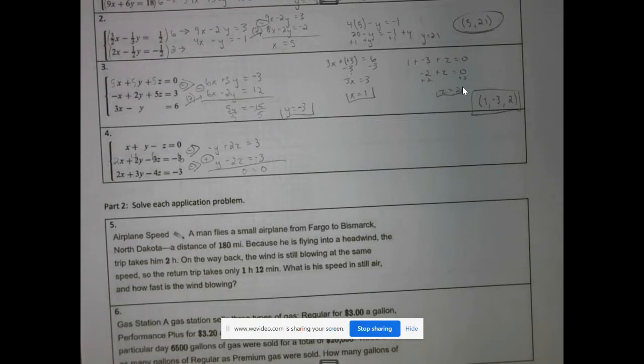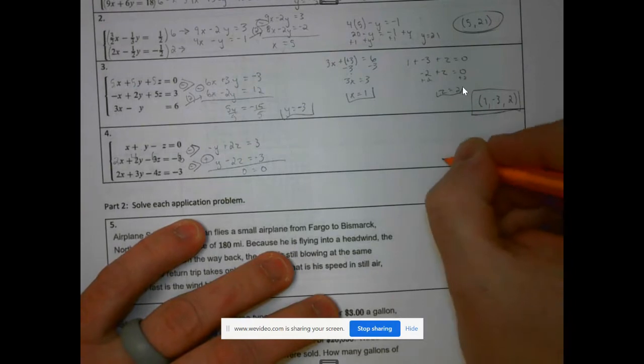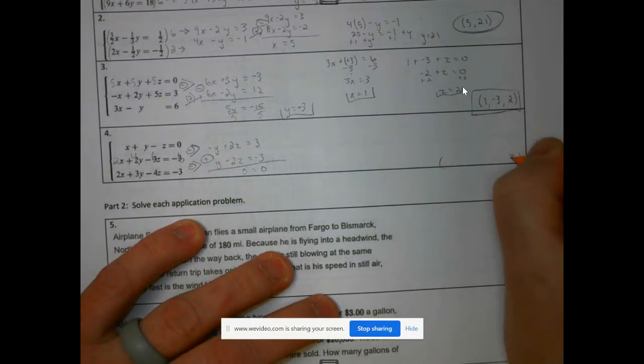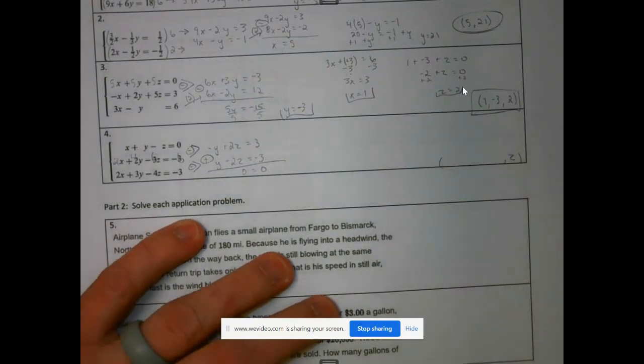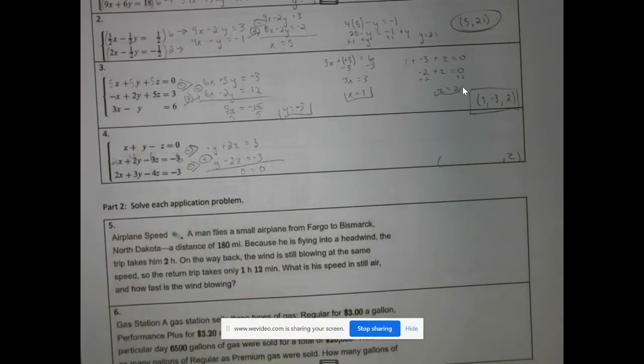And with 3 by 3, there's a few ways you can do that. Most often, we will let z equal z. So in our parametric form, we're just going to let z equal z, and solve x and y in terms of that z.